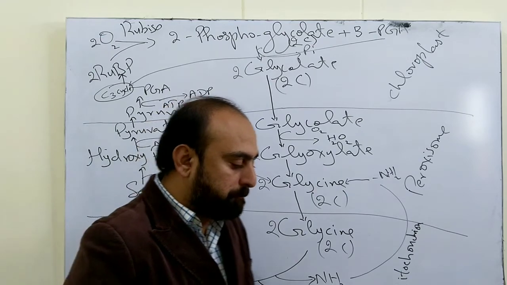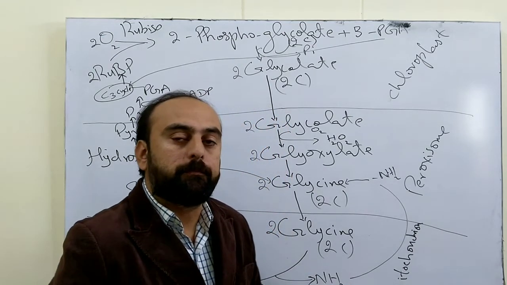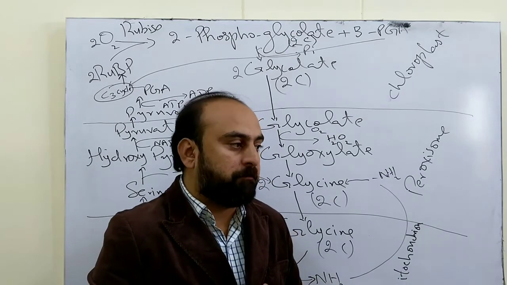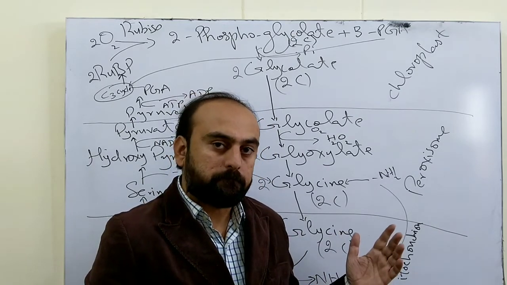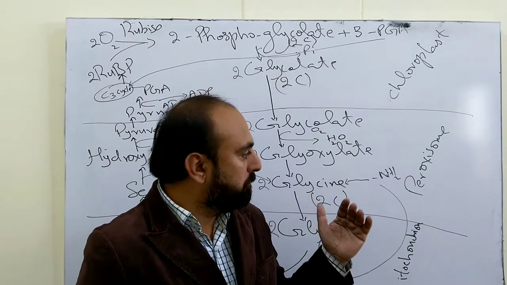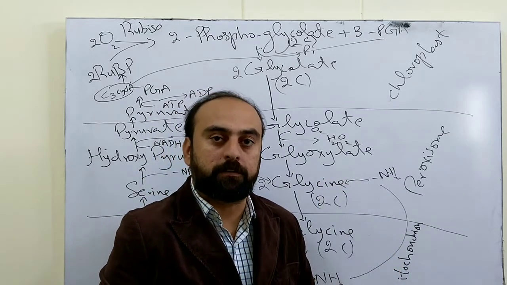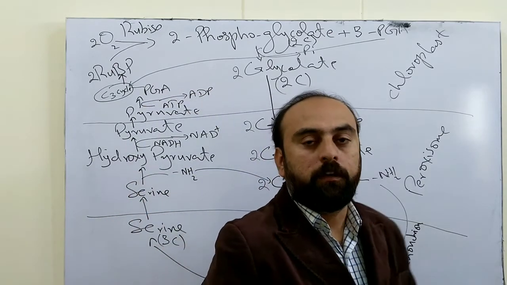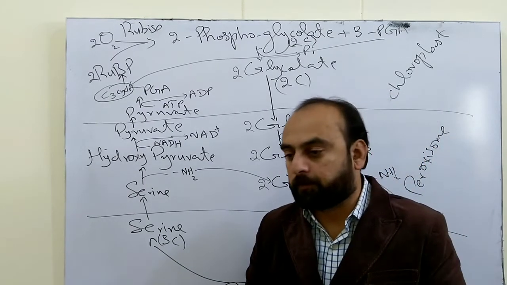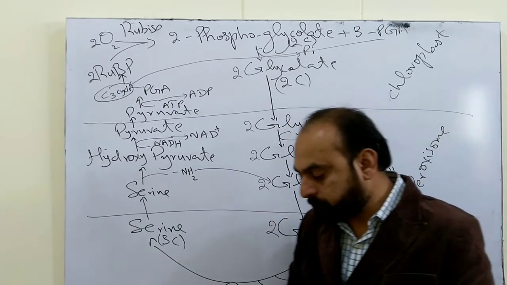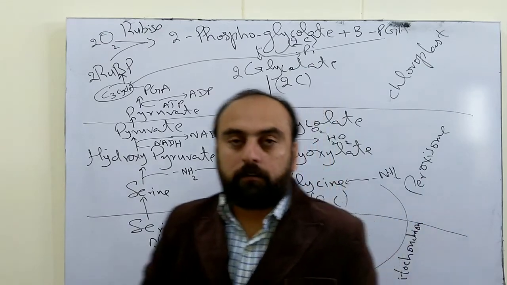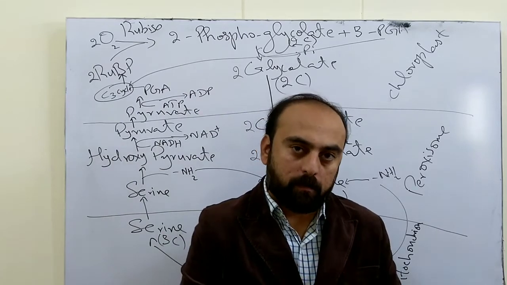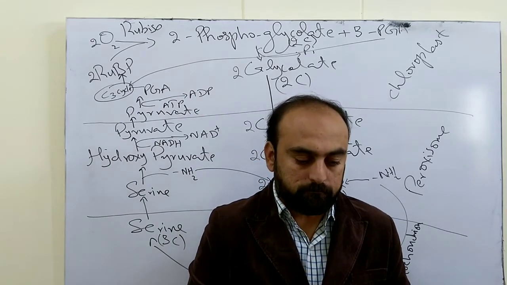But there are also efforts underway to find alternate mechanisms to avoid this photorespiration in some of our most productive crops like rice, wheat and soybean, which are most important from the nutrition point. So this is all about today's lecture.